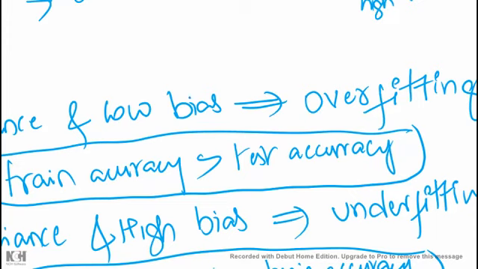Now, a good model should have low bias and low variance. That means low train error should be there, and at the same time, low test error should be there. Then it is called a good model. Bias means train error, variance means test error.